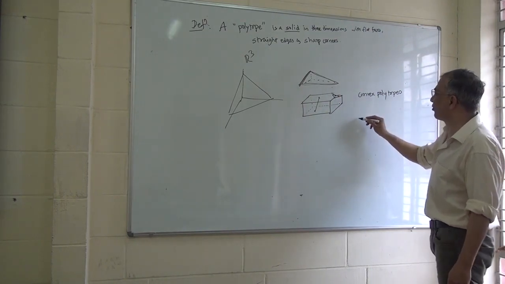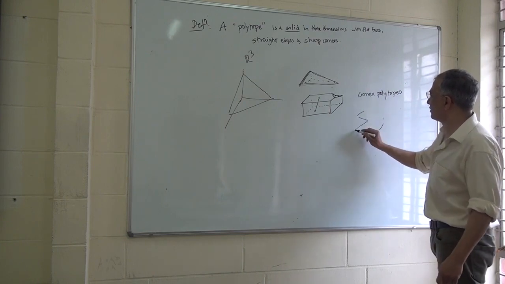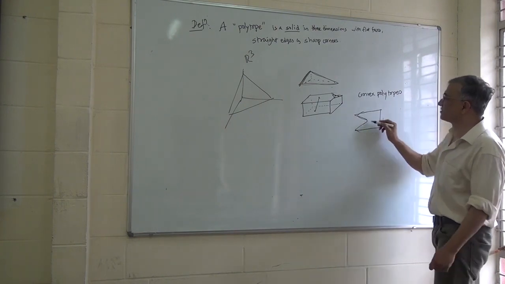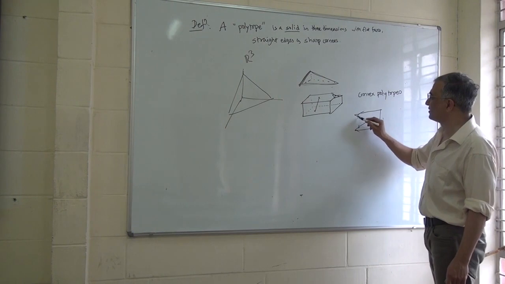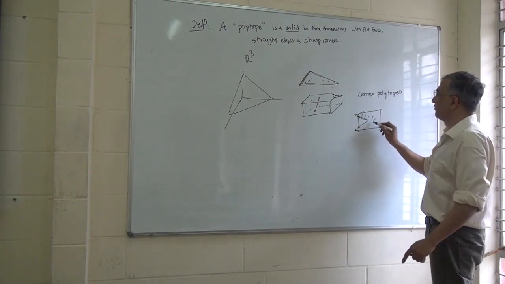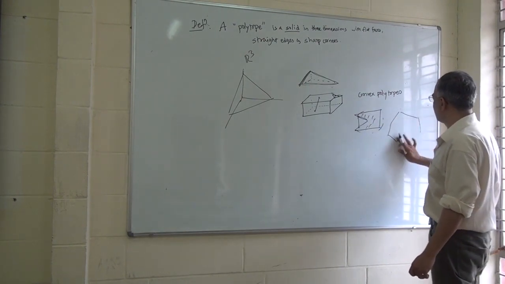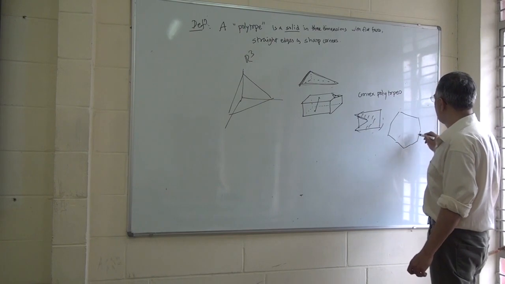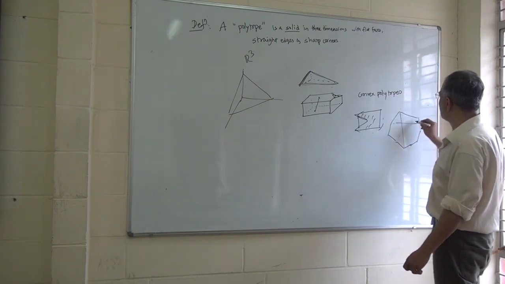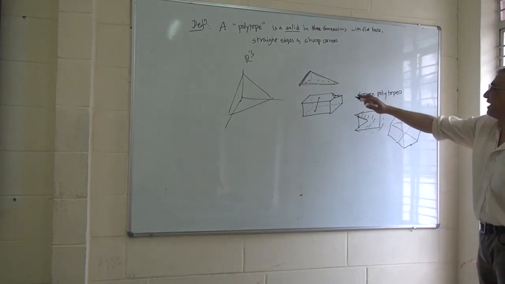Or a two-dimensional analog will be, in two dimensions, this is not convex because if you draw 2 points and then a line, this line is outside this thing. However, this is convex. Any 2 points you take, the line joining these two must be inside. So the convex polytope is the same thing in 3 dimensions.